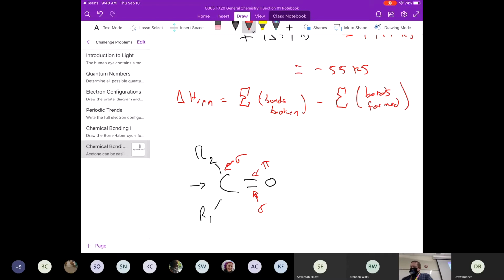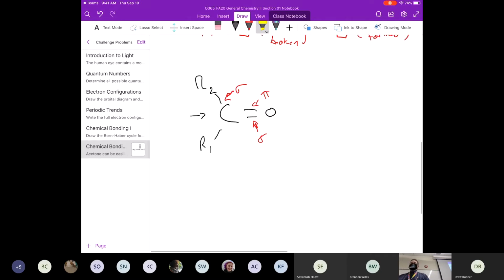And we also introduced this idea of unequal sharing, right? Did we talk about electronegativity in this lecture? Yeah, okay. And we talked about polar covalent versus ionic.